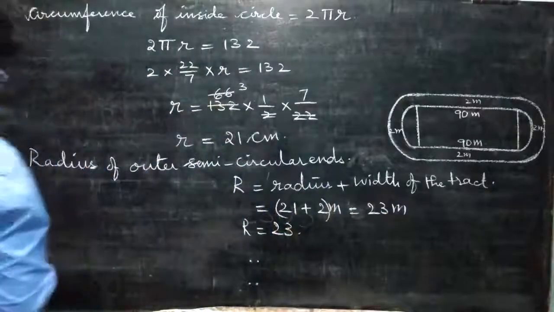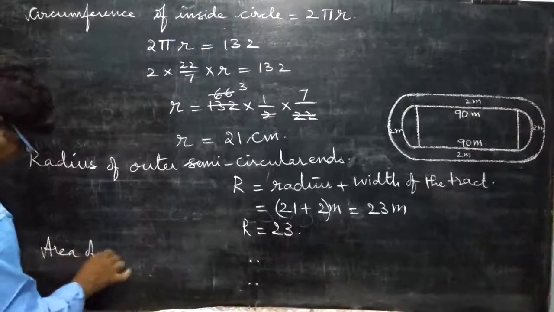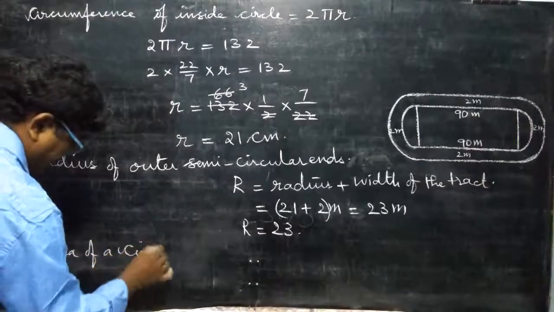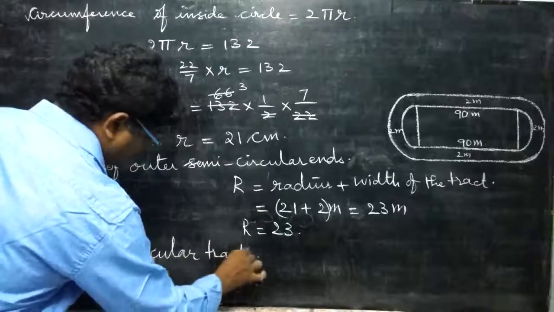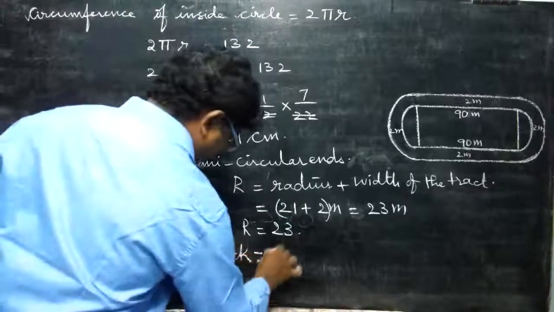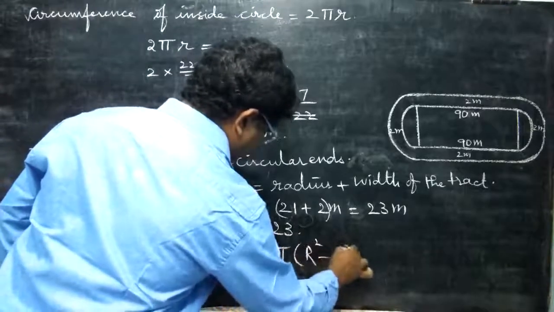Now find the area of a circular track. Area of a circular track is equal to, the formula you know, pi into capital R square minus small r square.